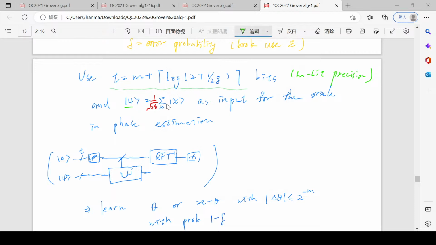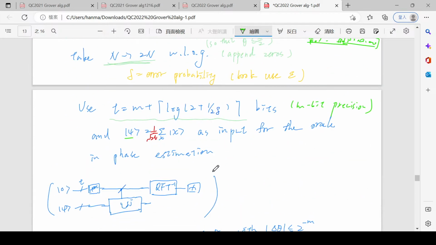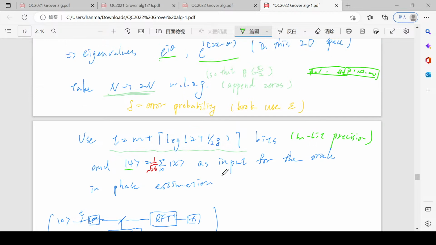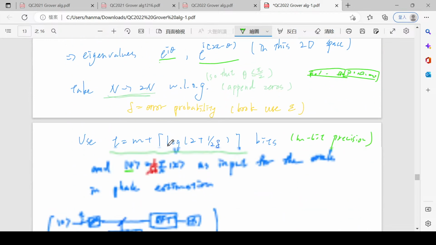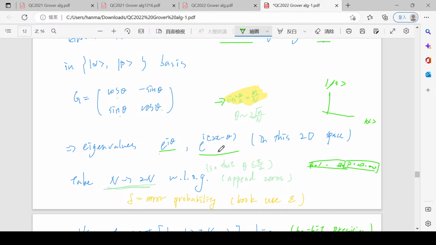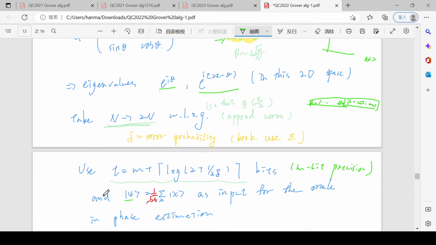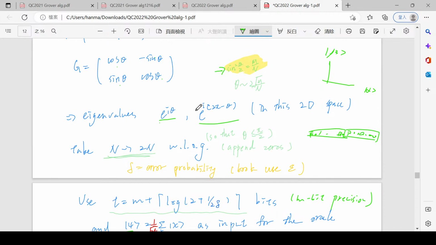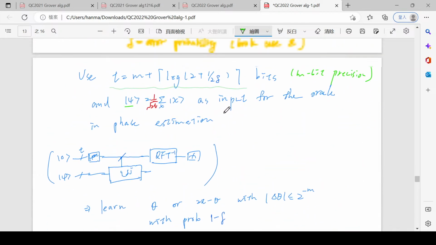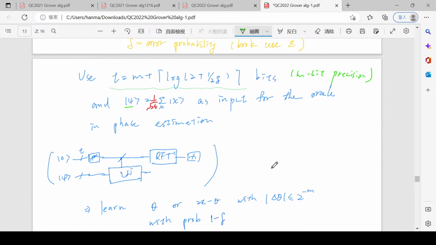So our psi is an equal superposition. It's something in this two-dimensional space, and it's not an eigenstate, but we know the eigenvalues are only those two things, so we will get one of those two anyway. We just need something in this two-dimensional space.